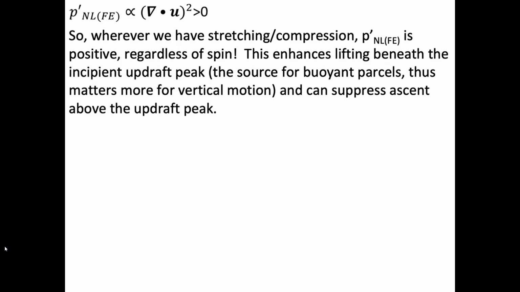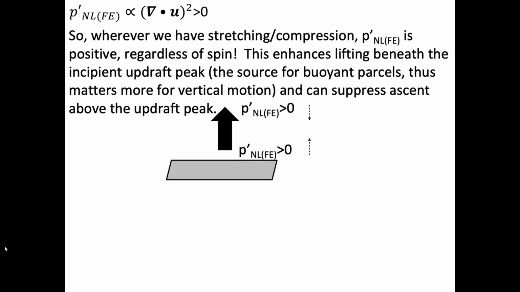So wherever we have the presence of compression or stretching in the atmosphere corresponding to either divergence or convergence, because we're squaring that to determine the perturbation pressure, that's going to result in a surplus of nonlinear fluid extension related perturbation pressure. So again, wherever we have stretching or compression in the atmosphere, this perturbation pressure nonlinear fluid extension term is going to be positive regardless of spin.